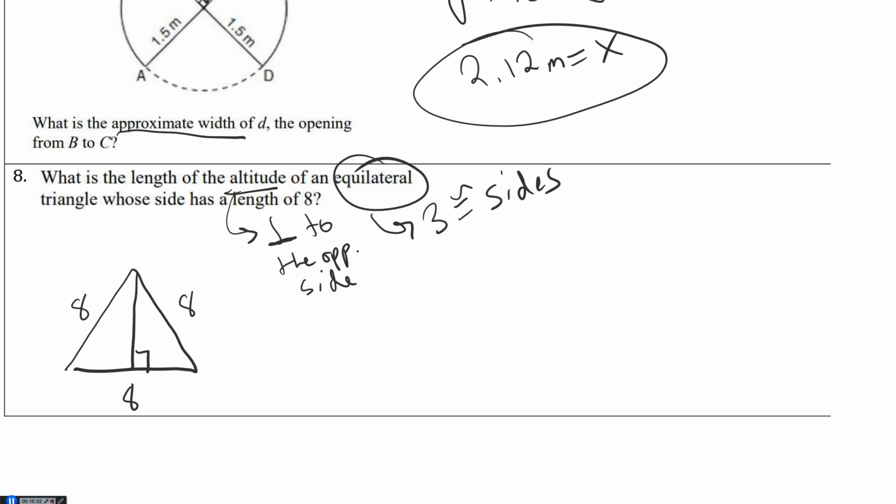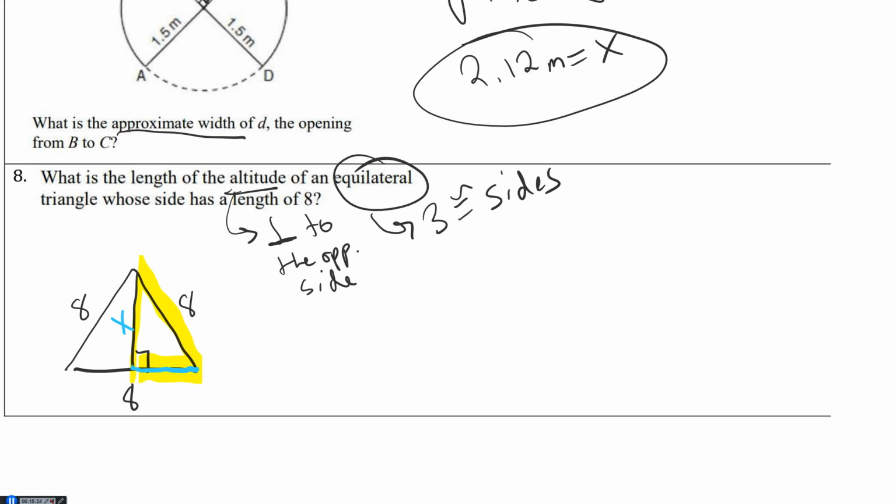And I see I've got a right triangle right here, but I have the hypotenuse. I'm looking for a leg, but the question is, what is the length of this leg right here? Because if I'm missing two sides, I can't plug into the Pythagorean theorem.